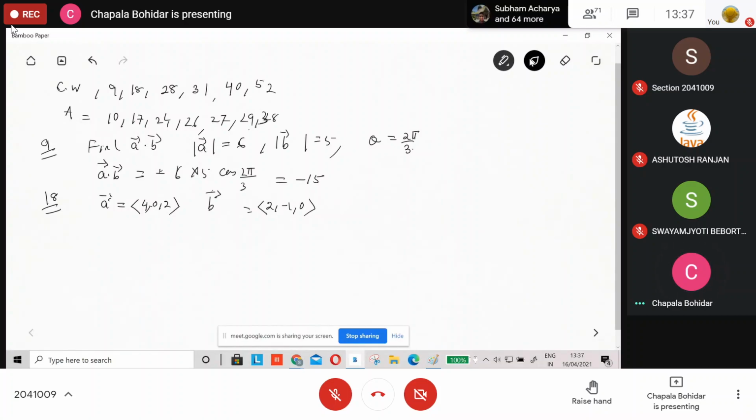18 number. Okay. Audible? Theta is equal to cos inverse 4 by 5. Yes, cos inverse 4 by 5. Find out your value of theta in degrees. 53, I guess. 36.87 I got.